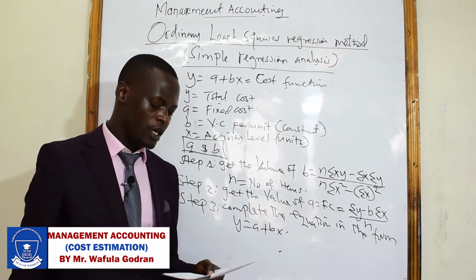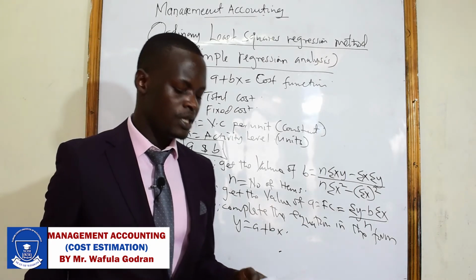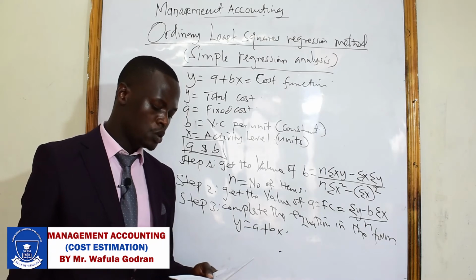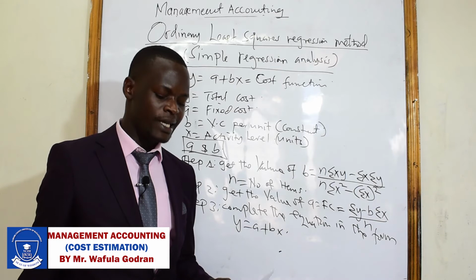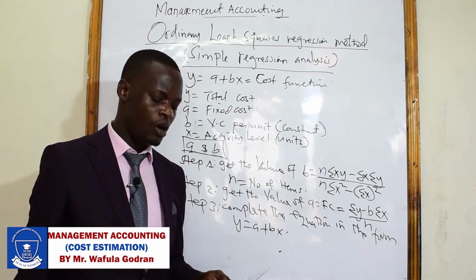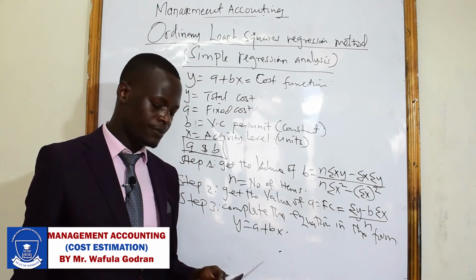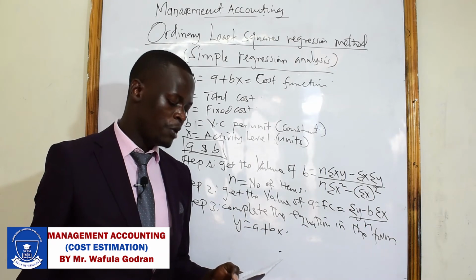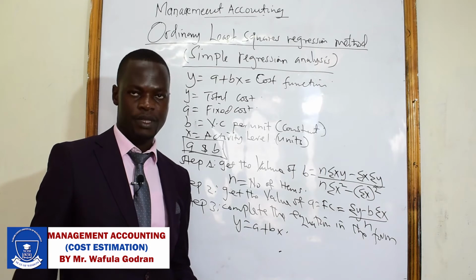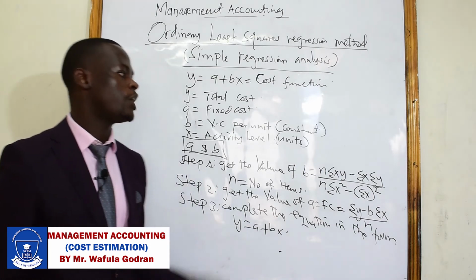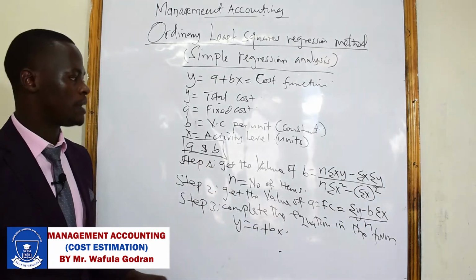One, it is objectively determined. Number 2, regression analysis makes use of all the data or observations. It also minimizes the sum of the squares of the error. Actually, it reduces the error, and we will see that when we look at an example.